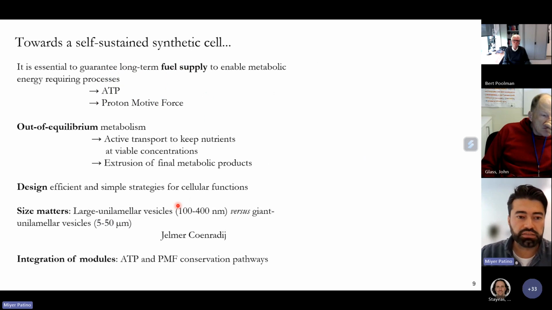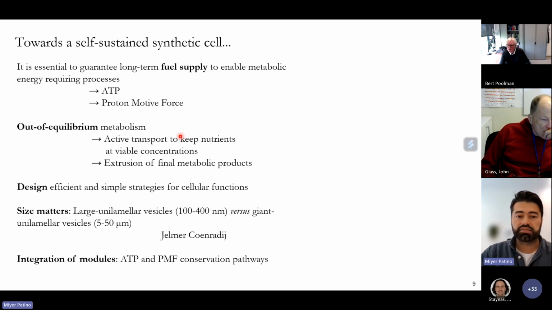So with that, I would like to summarize, perhaps saying that the modules of conservation of energy, in the form of ATP that Bear already mentioned and in the form of proton motive force, are a starting step for the construction of synthetic cells that are able to keep an out-of-equilibrium metabolism, which is a hallmark of life.